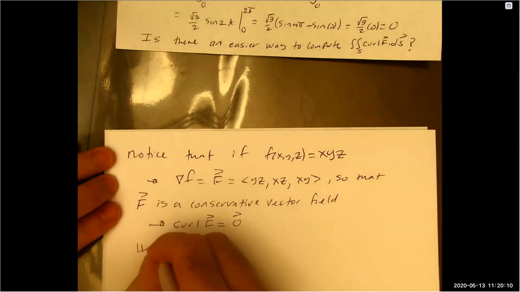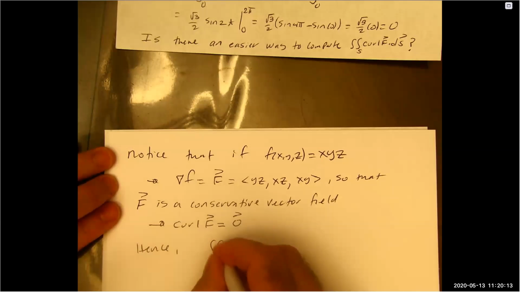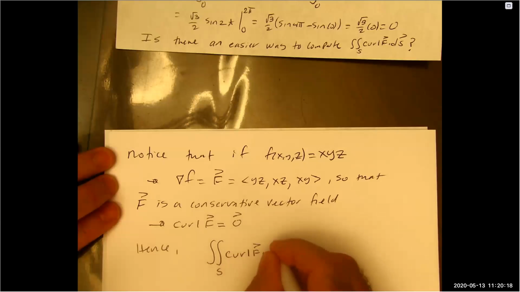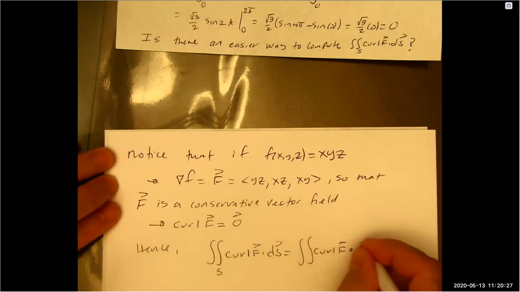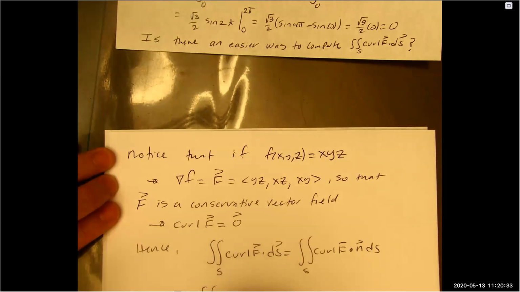So if we look at our surface integral, this is the same thing as the curl of F dotted with n dS over S, which is the same thing as the zero vector, and that is equal to 0.